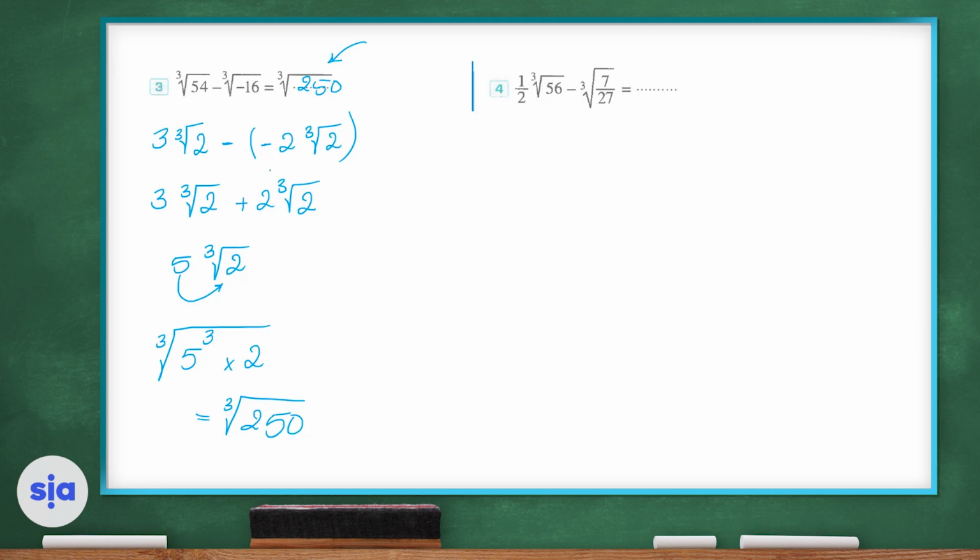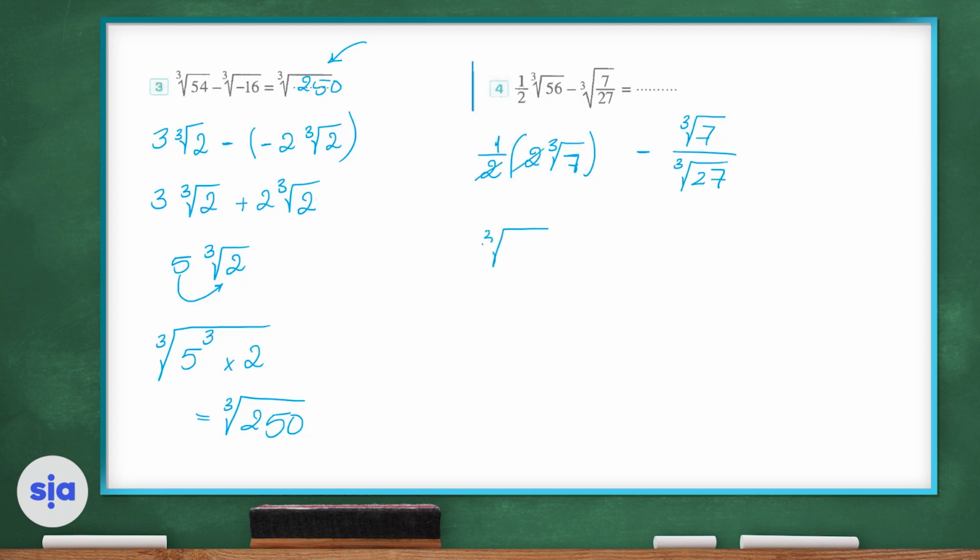Let's now move to question 4. Half, and then cubic root of 56, if you want to simplify it, it's 2 cubic root of 7 minus, if you simplify this, it's a cubic root of 7 over the cubic root of 27. So half times 2, this is 1.